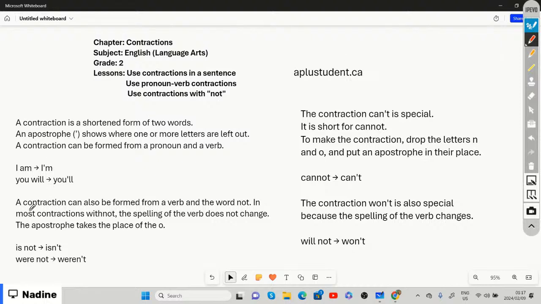And now a contraction can also be formed from a verb, and it can also be formed from the word not. So a contraction can be formed from a verb, and a contraction can be formed with the word not.